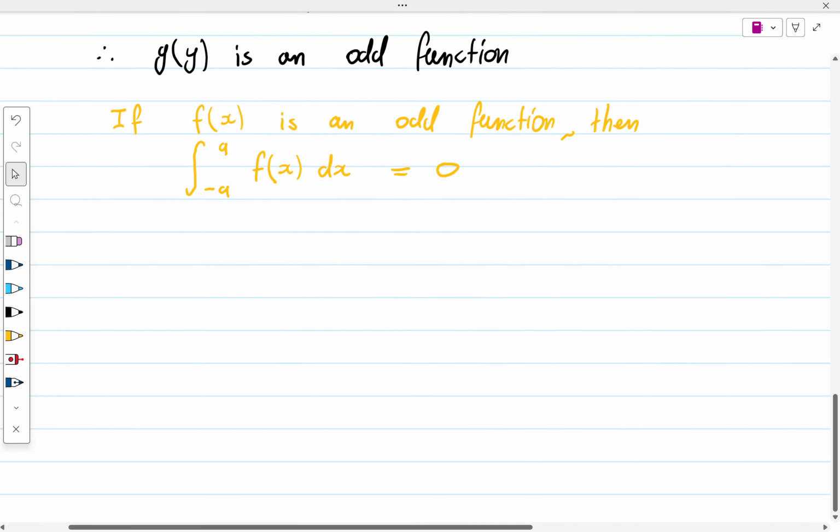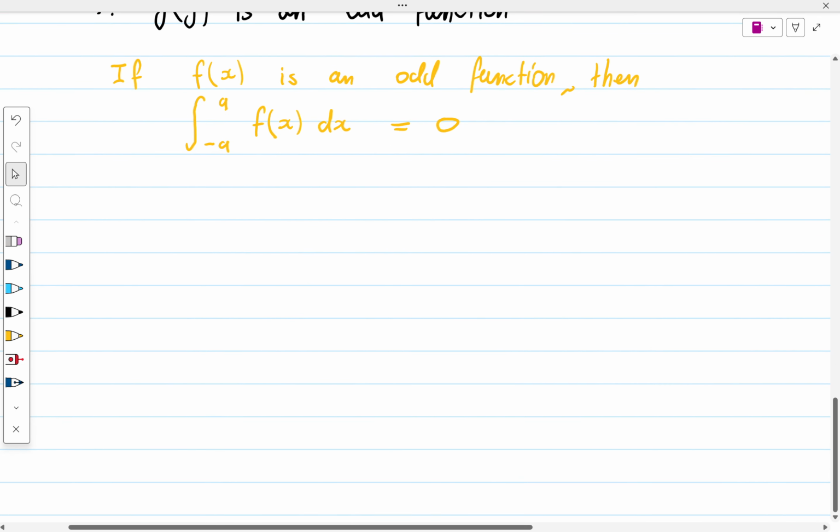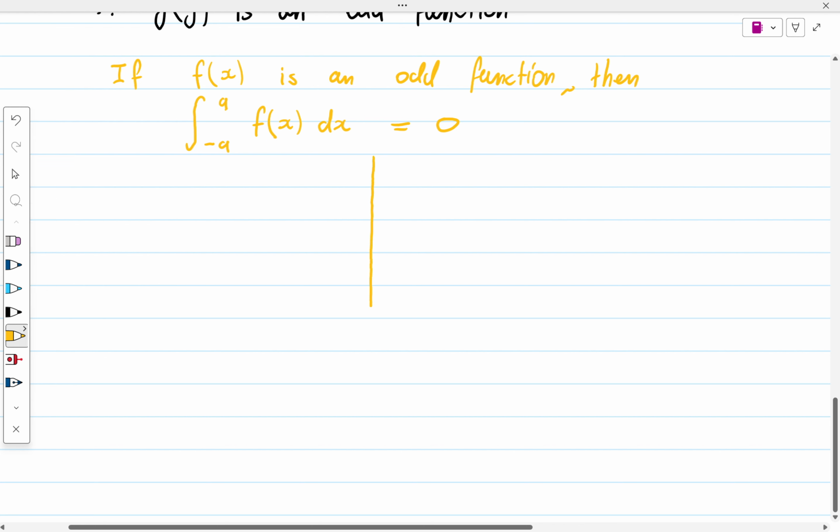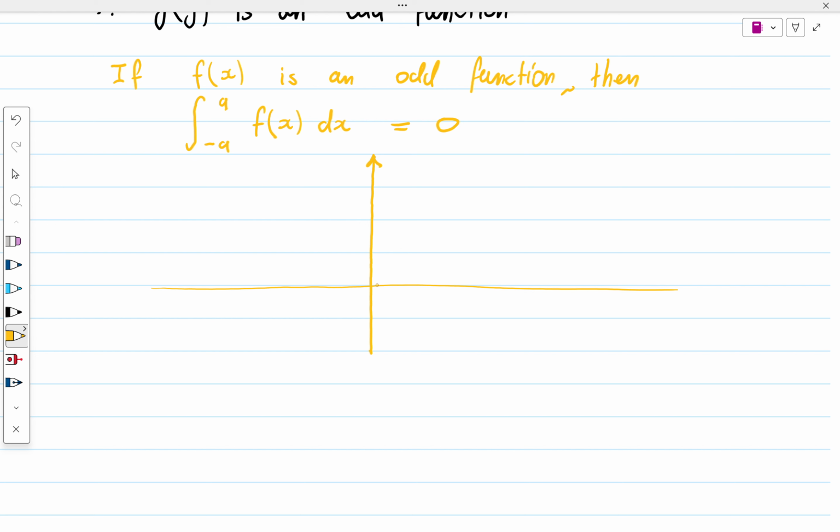And the reason why that is the case, as a little bit of a visual explanation, is if I were to draw you just a generic odd function for the time being, and let's say it looked like this on this side, x, y, and then because it's an odd function, it would be symmetrical the other way around.